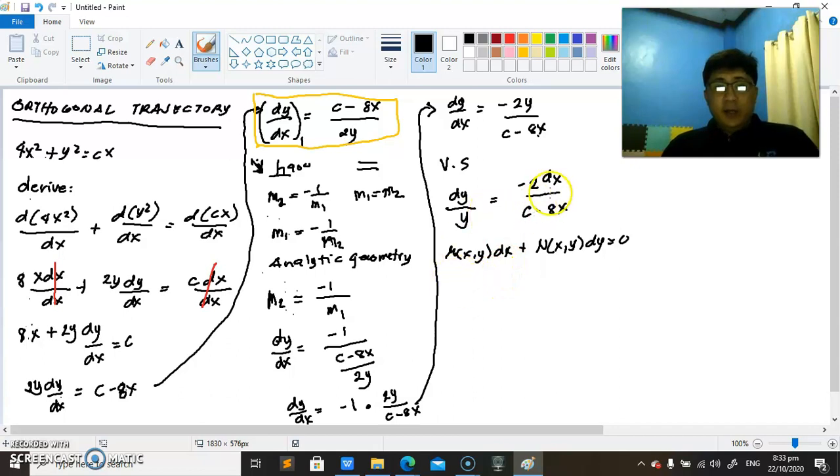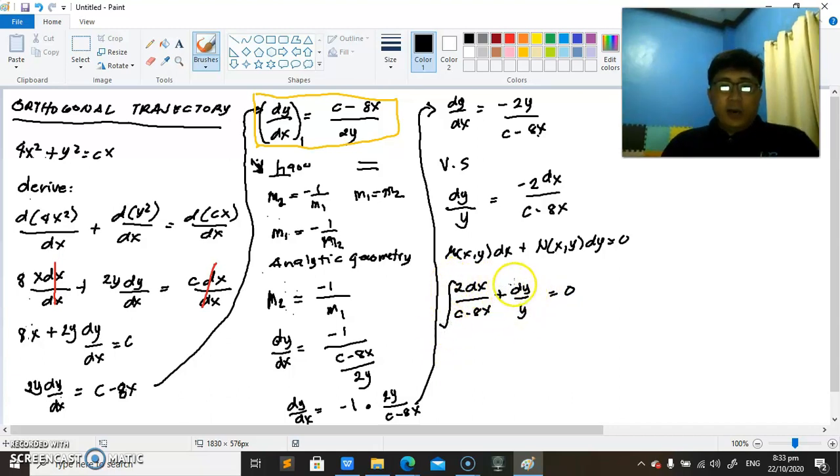Then we transfer this one to the other side. From negative, moving to the other side, it becomes positive 2 dx over c minus 8x, plus dy over y equals 0. You have dx, we have x, we have dy, we have y.